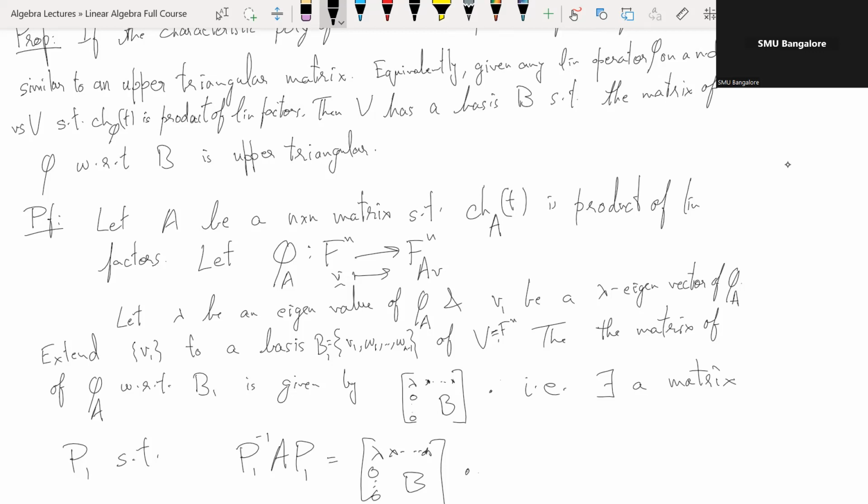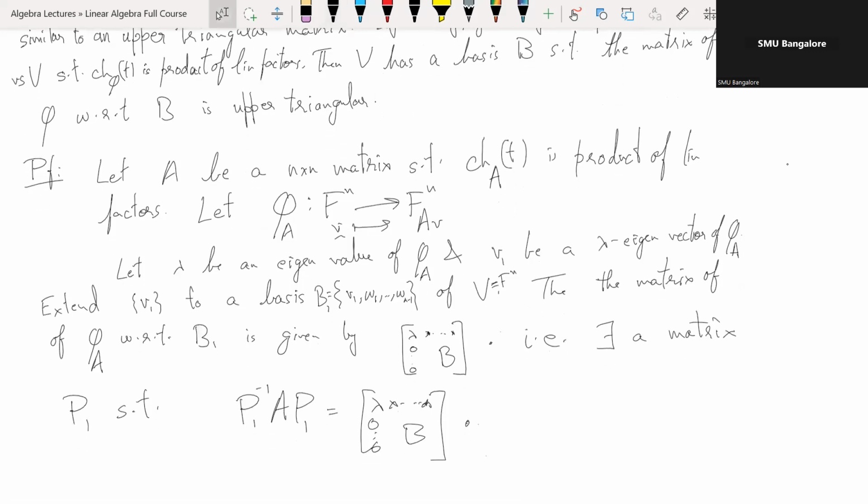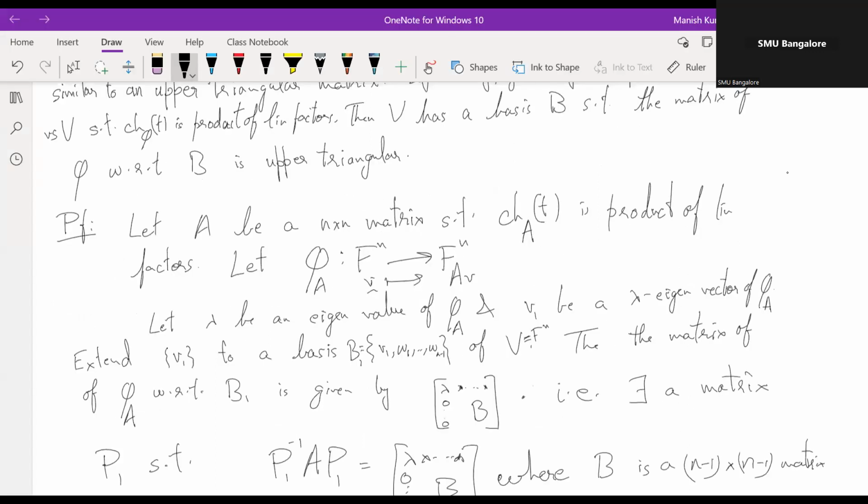Since we have changed the basis from the standard basis, it is the same as saying that there exists a matrix P1 such that P1 inverse A P1 is this matrix: lambda, star, star, star in the first row, zeros below, and B, an (n minus 1) by (n minus 1) matrix. Is this fine, everyone? So far so good.